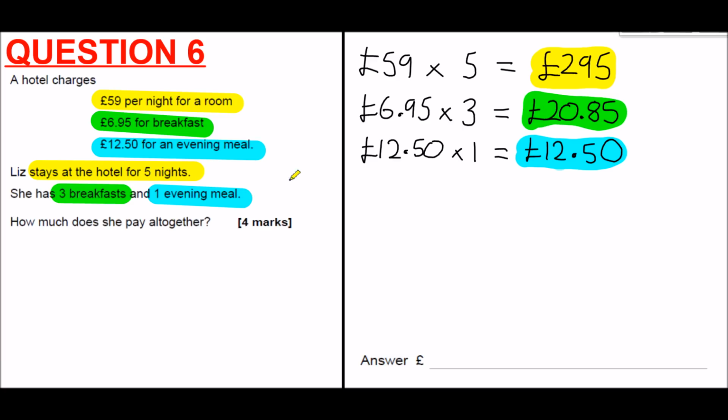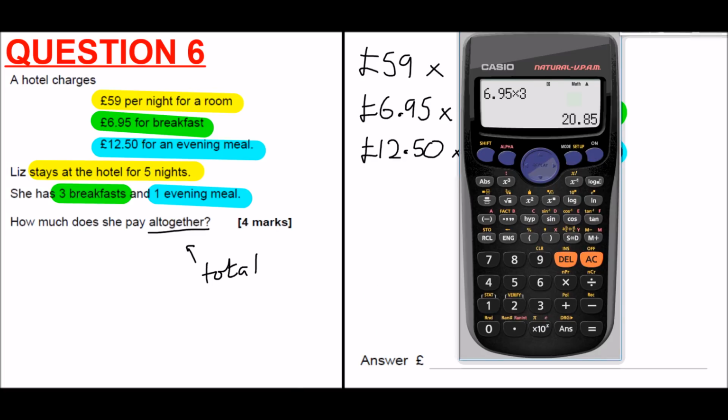So the final thing to do is asking for how much she pays altogether. Altogether just means we need to find the total now. So anything left for us to do is to add up these values.